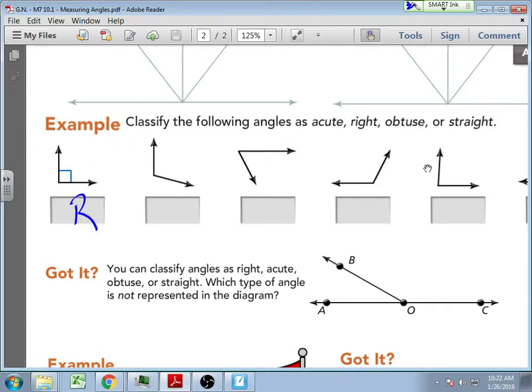My second one here, Karina. My second angle, what type is it? Obtuse. My third one here, Brennan. A cute little angle. My next one, Thomas. Obtuse, yeah. Yep, obtuse.